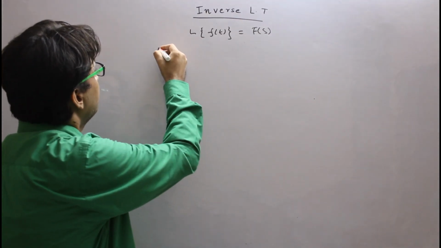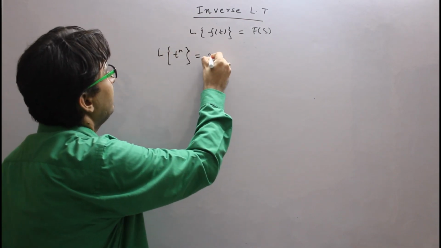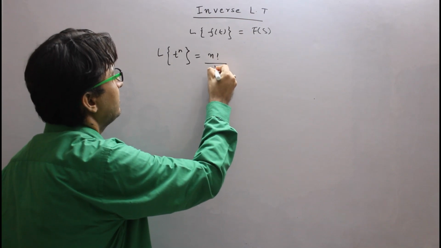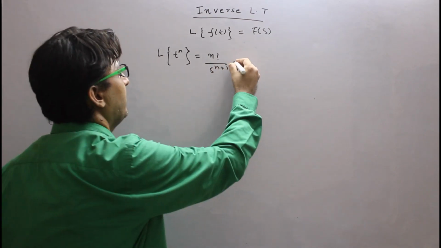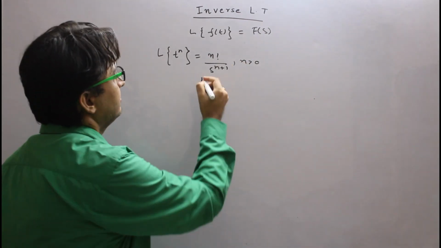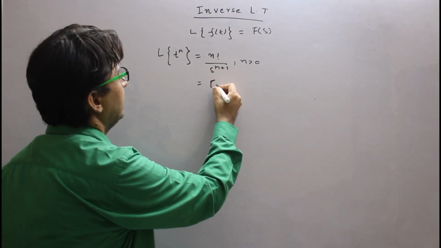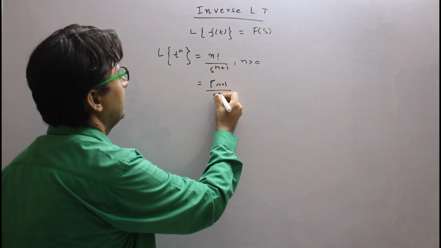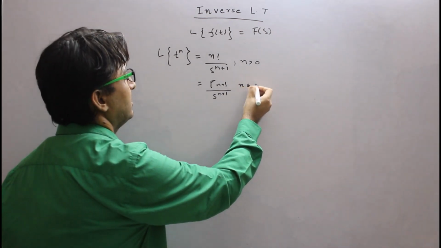Laplace of t to the power n was n factorial by s to the power n plus 1, where n is greater than 0. If it was not, then it is gamma of n plus 1 by s to the power n plus 1 for negative values.